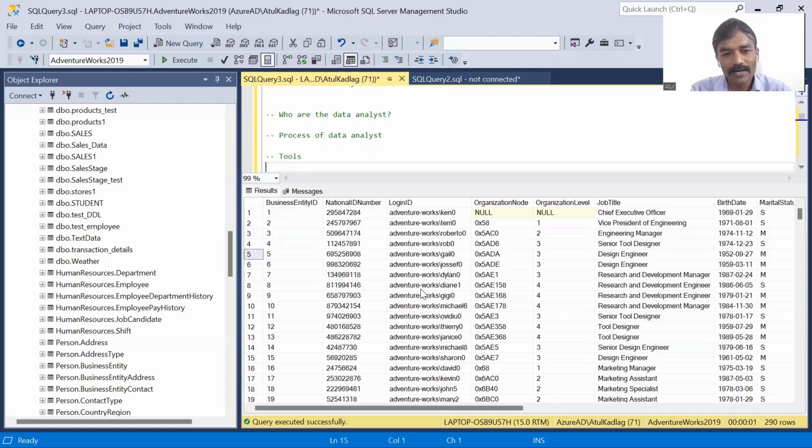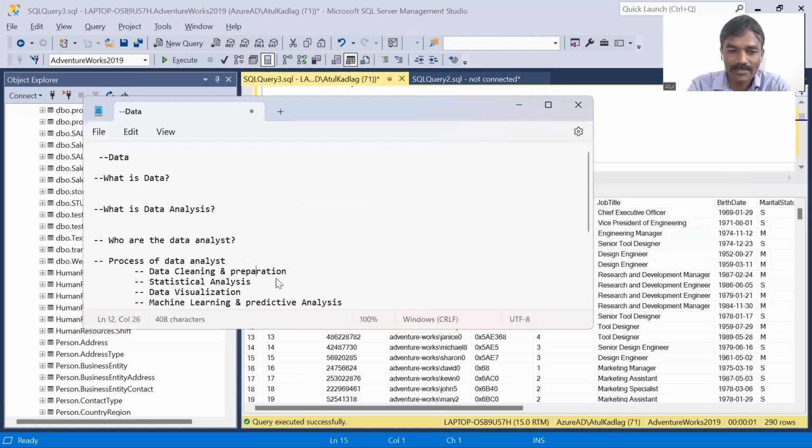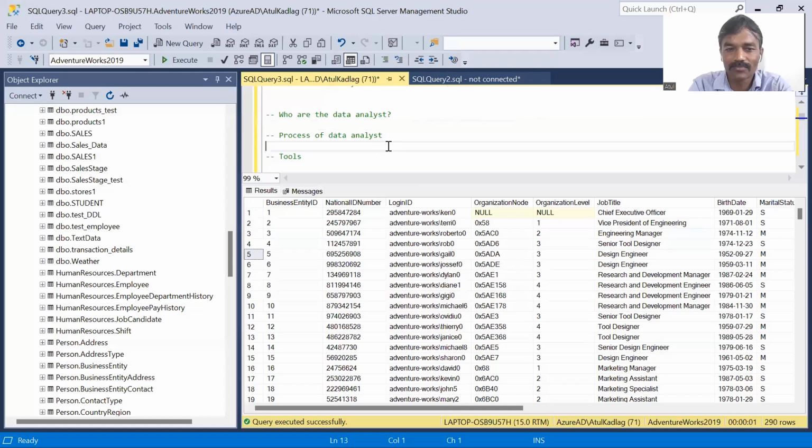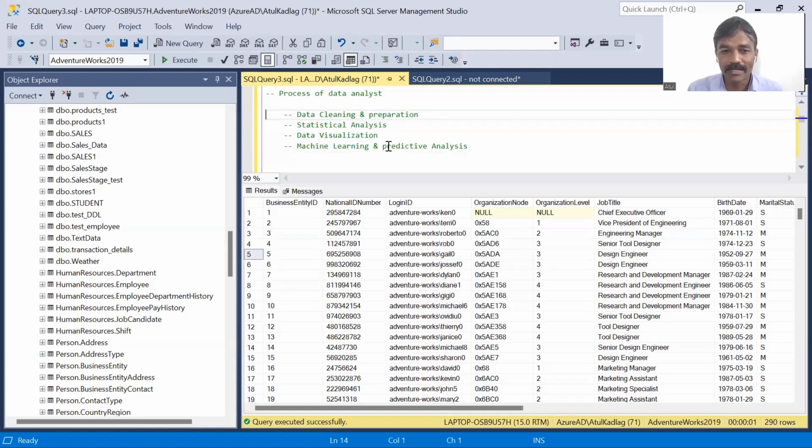If I take the process of data analysis, there are different things available: data cleaning and data operations. Means taking the raw data, then we clean that data, prepare the data, then we perform some statistical analysis. There are many statistical methods we can use.